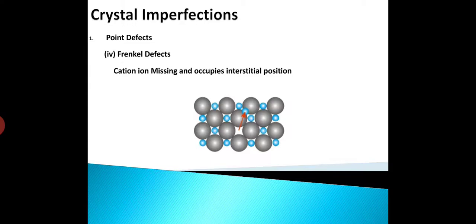This Frenkel defect is related to the cation and anion ions. When a cation leaves its position in the crystal and occupies an interstitial position, the Frenkel defect occurs. So it is mainly an association of vacancy and interstitial defect of the cation ion.